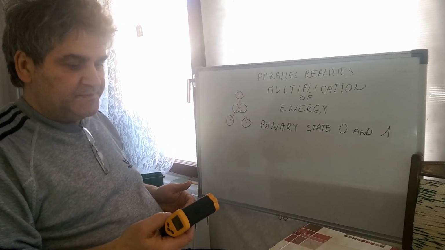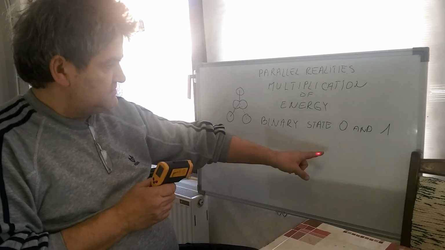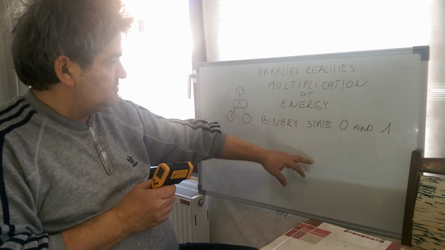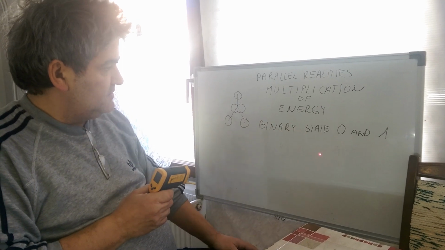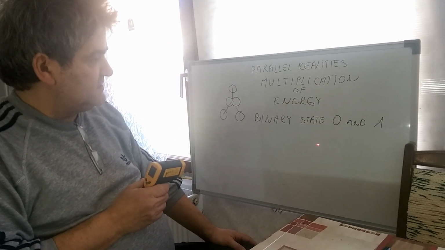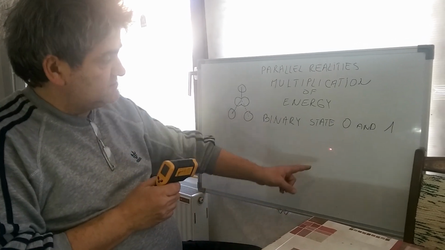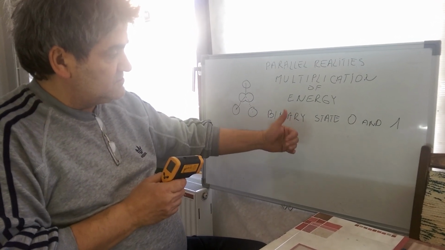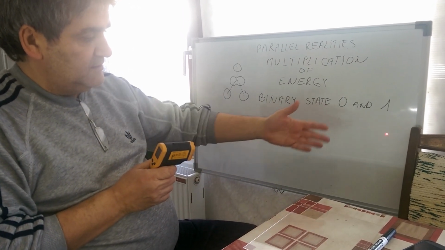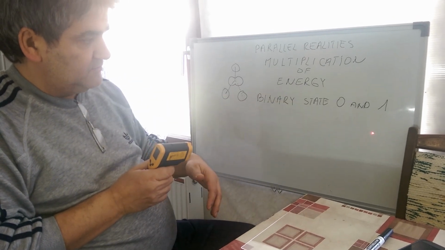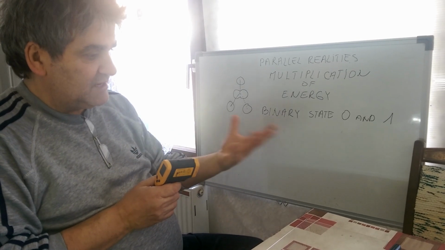For example, take a laser beam. We see that this table is reflecting because it's solid, and it is almost 99% reflecting, because nothing is 100%. So we could say it's reflecting, so it is 1. The air is conducting, so it is also state 1 because it's conducting.